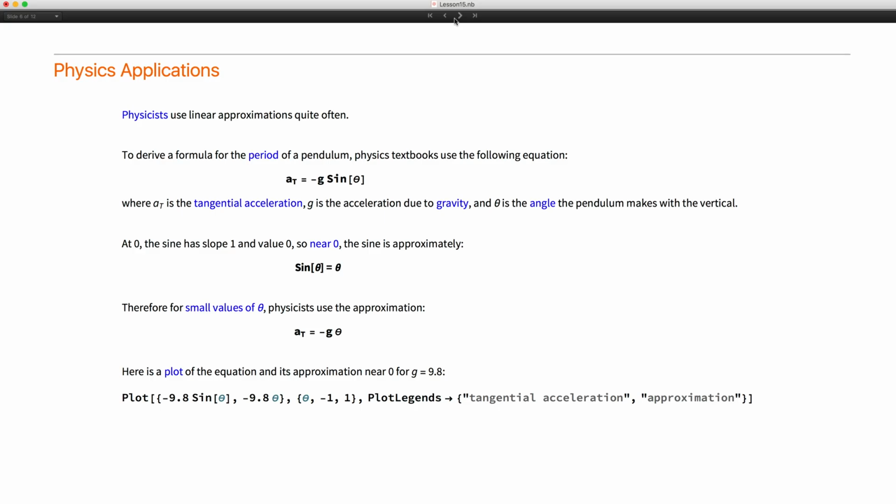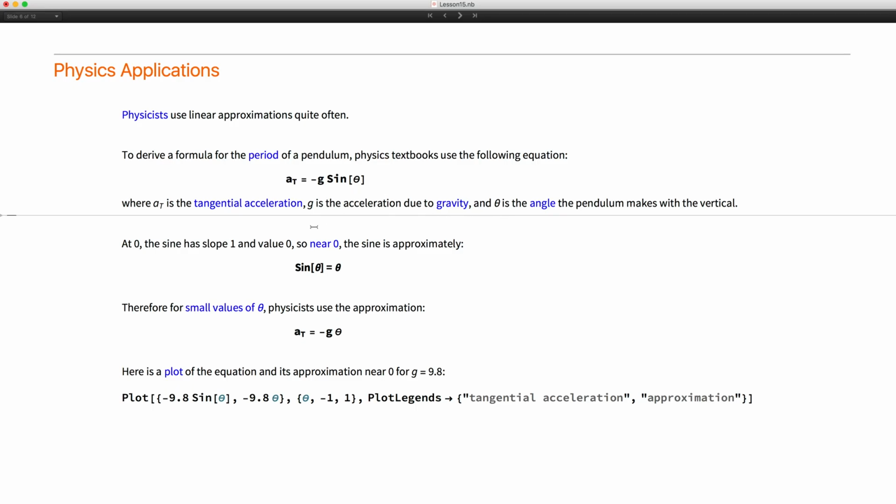Okay, so in physics, one needs this notion of linear approximation all the time. So, for example, when one studies the pendulum and you want to talk about the period of the pendulum, you start with the equation for the acceleration. So, that's the tangential acceleration a_t, and g is the acceleration due to gravity, theta is the angle that the pendulum makes with the vertical.